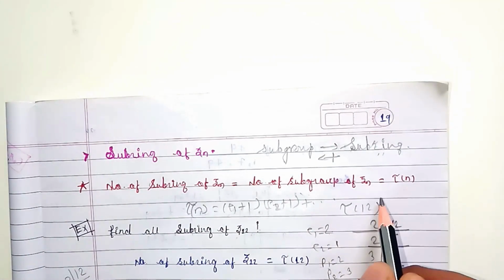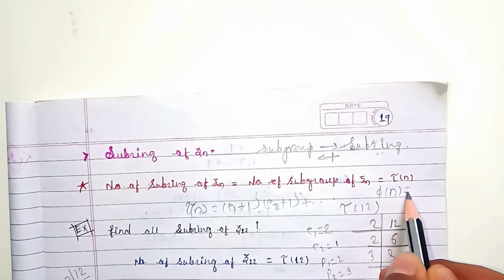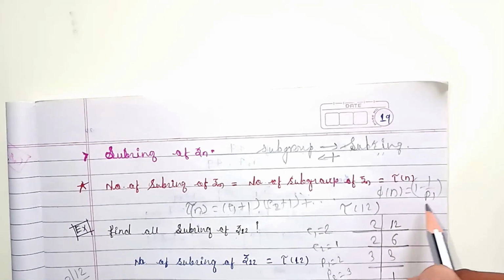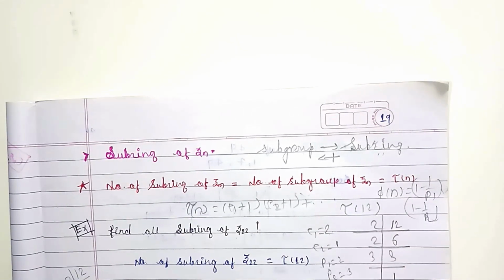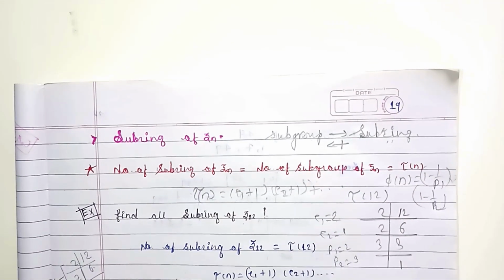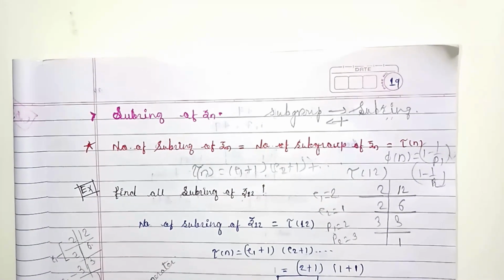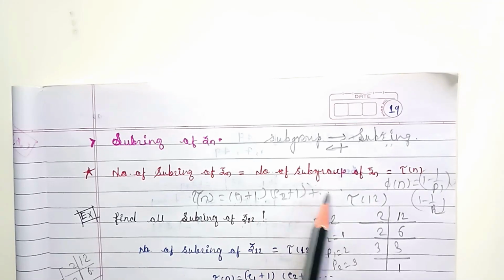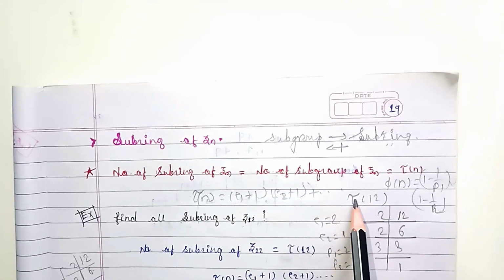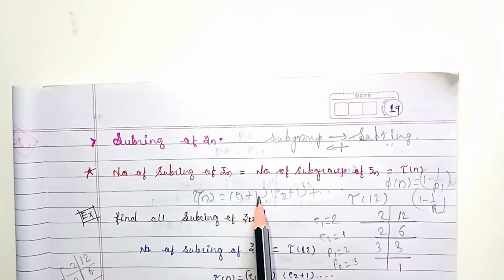How do we find E1, E2 and the Euler phi function? We know that for finding phi n, it is n multiplied by (1 minus 1 upon P1) multiplied by (1 minus 1 upon P2) multiplied by (1 minus 1 upon P3), and so on up to Pn. This is the way to find the Euler phi function, and you need to know this. For tau n, we want (E1 plus 1)(E2 plus 1)(E3 plus 1), and so on. So tau 12 means (E1 plus 1)(E2 plus 1).